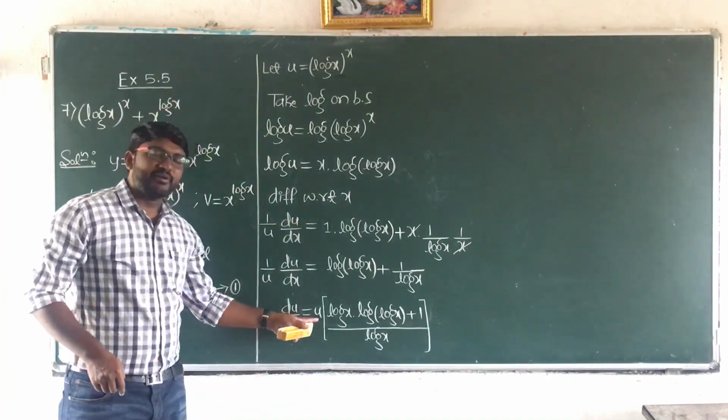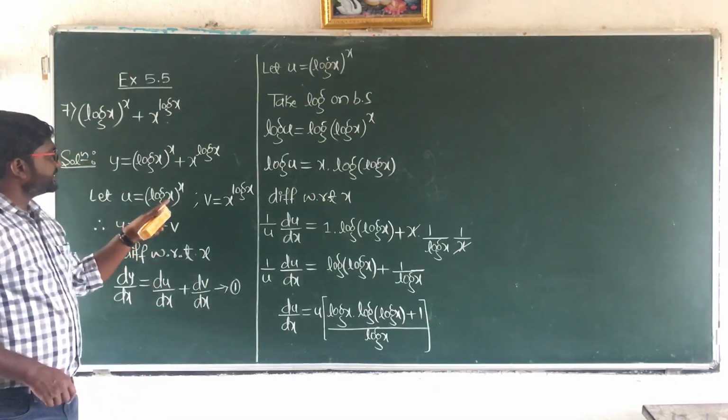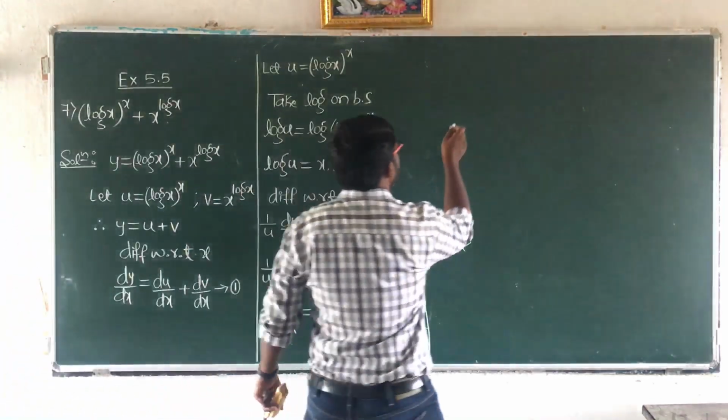Now, in the next step, we have to replace u. What is u here? It is (log x)^x. So let us do that in the next step.